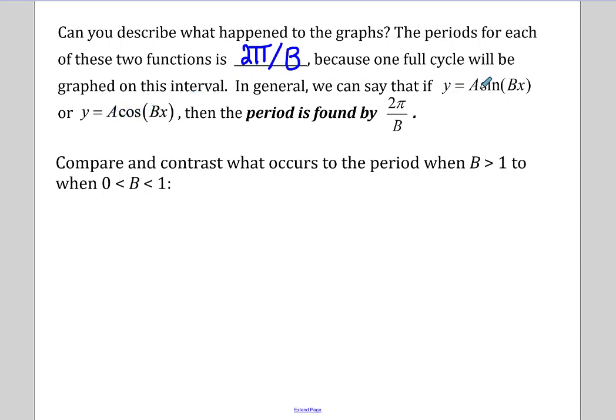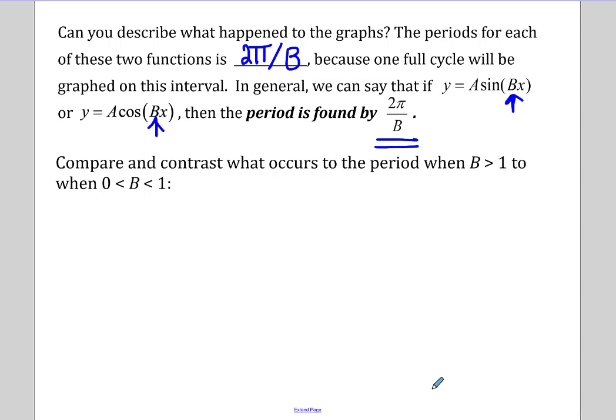In general, if you have a standard form with an amplitude times the sine or the cosine with a b value that's not 1 in there, then you can find the period by taking 2 pi divided by b.